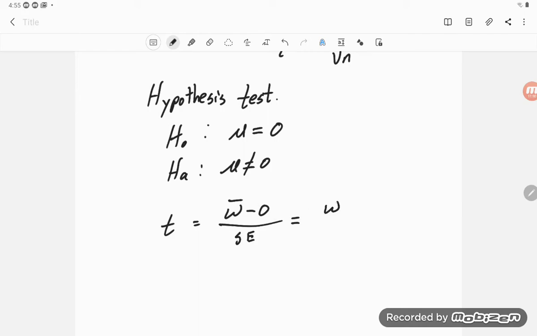So this becomes our sample mean divided by our standard error, which is our sample standard deviation divided by the square root of n.